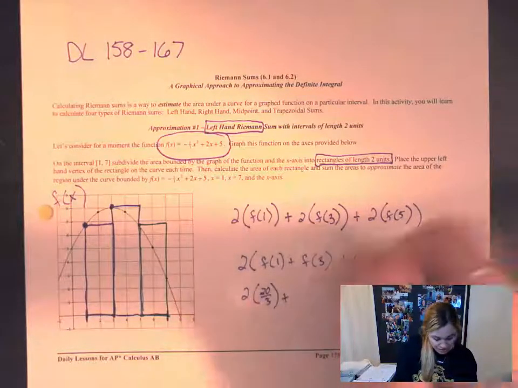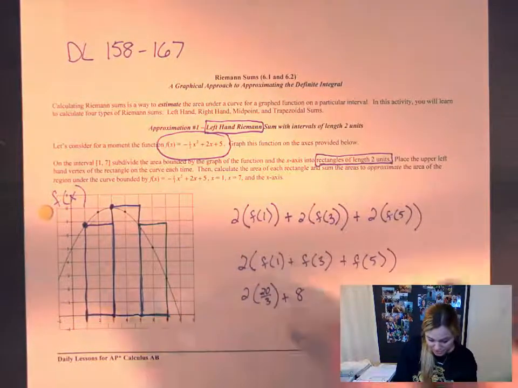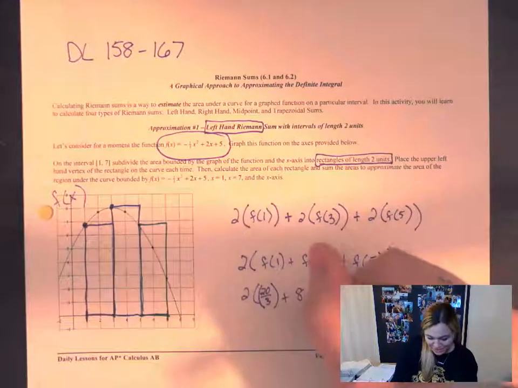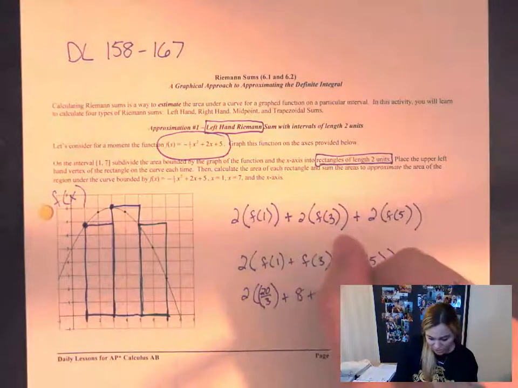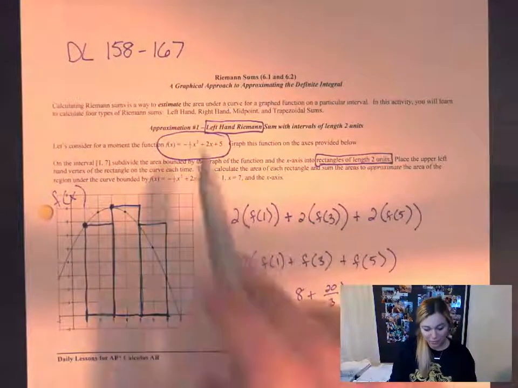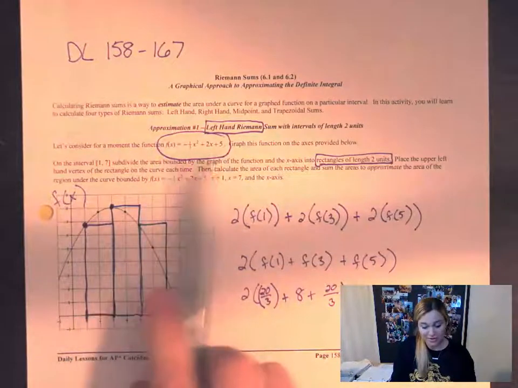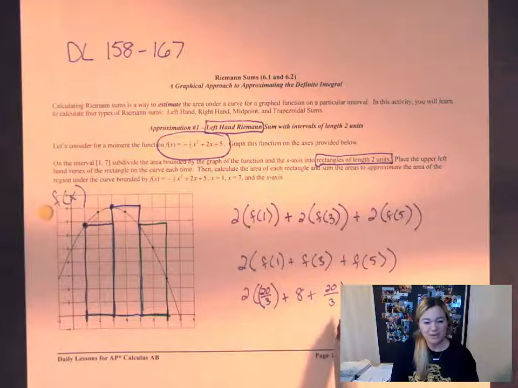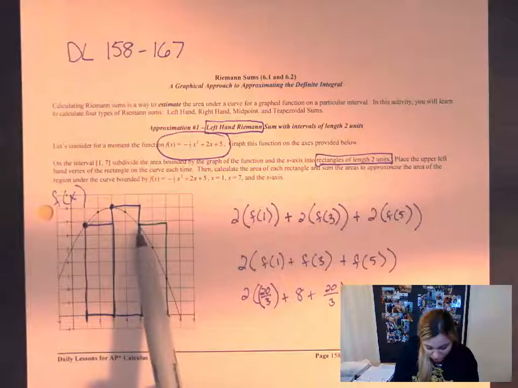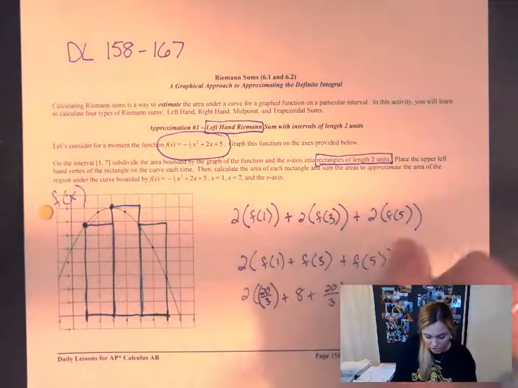F of 3 is 8. Oh, sorry, I did this weird. I'll just put another parenthesis. Plus f of 5 is 20 over 3. Because I've done this before, and if you don't believe me, just go up here and substitute in 5 into f of x. 20 over 3 is almost 7, and you can see that f of 5 is almost 7. Okay, feeling good?